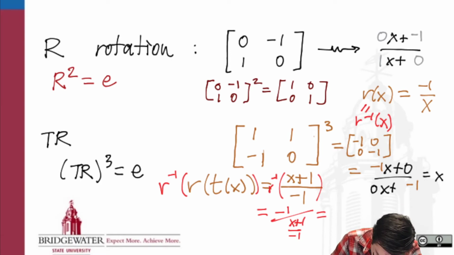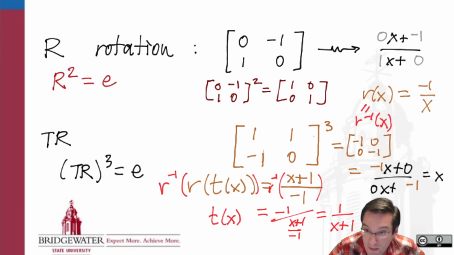And I simplify that out. It's the opposite reciprocal of x plus 1 over minus 1, and that's going to be 1 over x plus 1. And so if that would be how we were going here, then we would get a formula for my twist function, my t function, which is t of x equals 1 over x plus 1.